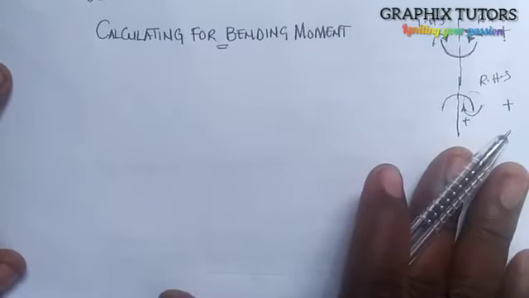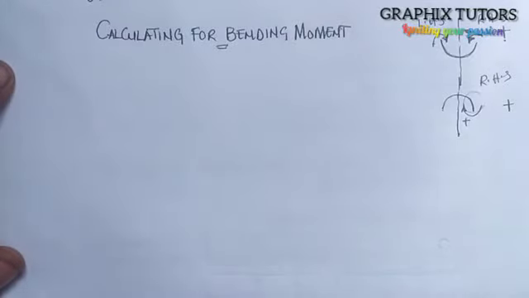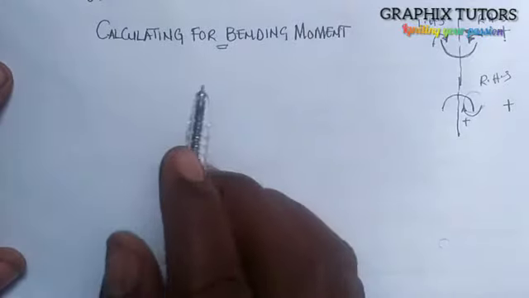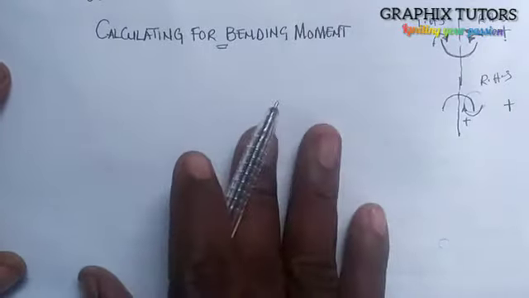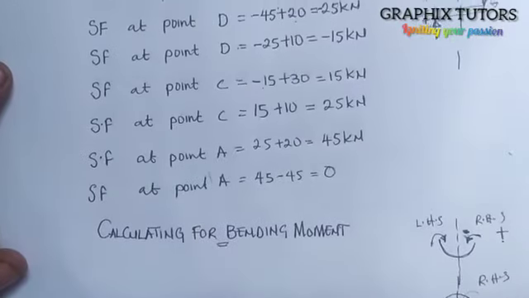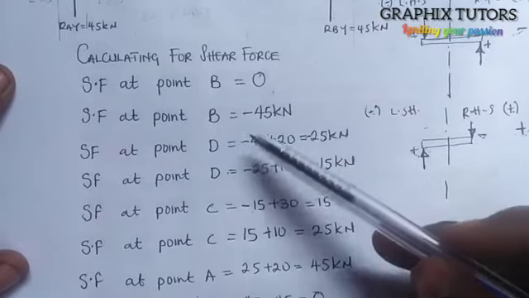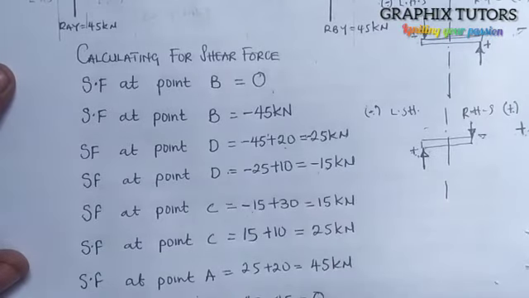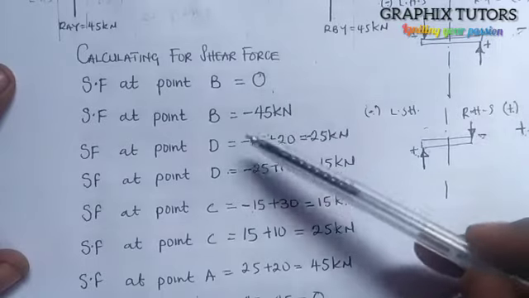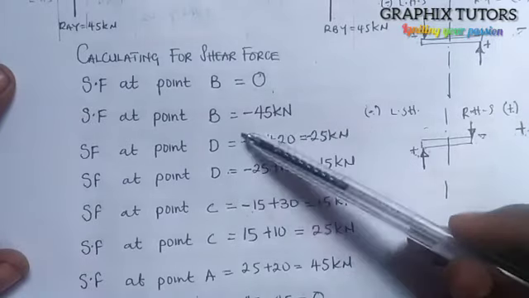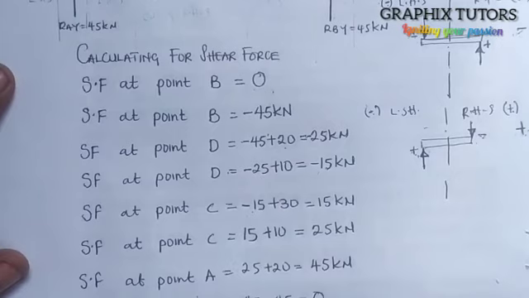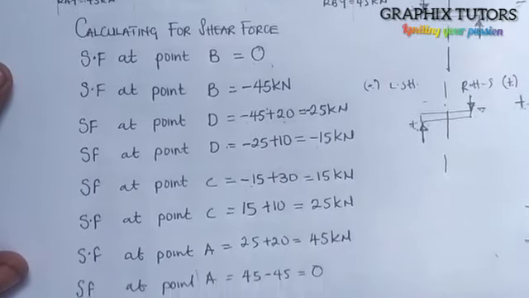Now here you only take just one point. So what are the points? B, D, C. Just the same thing, the way you move in terms of what? Your shear force. You move from B, D, C, A, but now this will be one after the other. So let's do that and see.